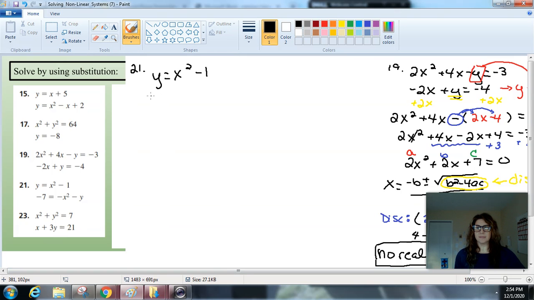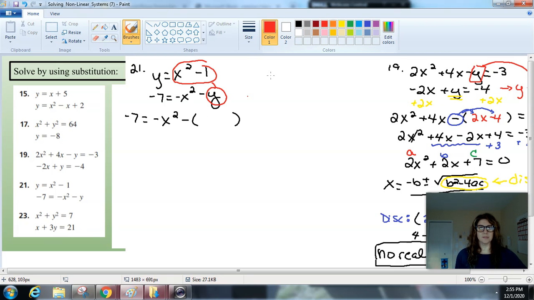I have a y by itself, so that's nice. So again, we're going to start by substituting, taking what it equals, putting it into the other problem. So negative 7 equals a negative x squared minus, and then x squared minus 1 is going inside.